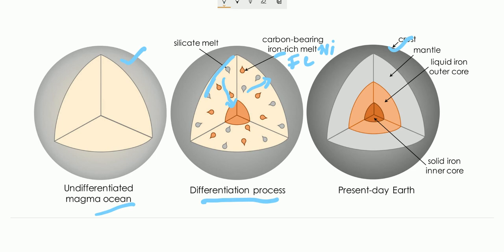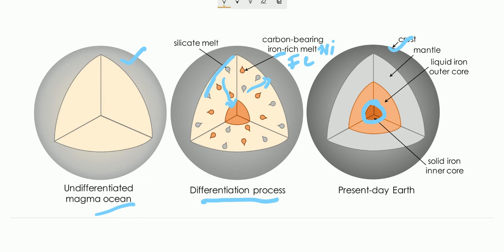The main constituent of the crust is silicon and aluminum, and in the lower layer of the crust we have silicon and magnesium. As I told you, the heavy metals like iron and nickel sank downward toward the core, forming the core consisting mainly of iron and nickel.